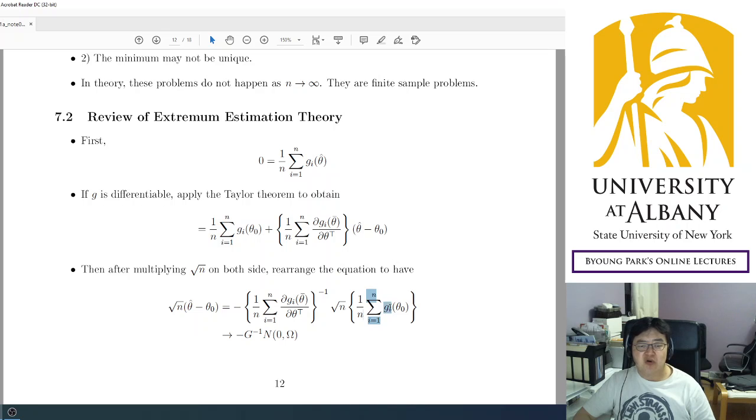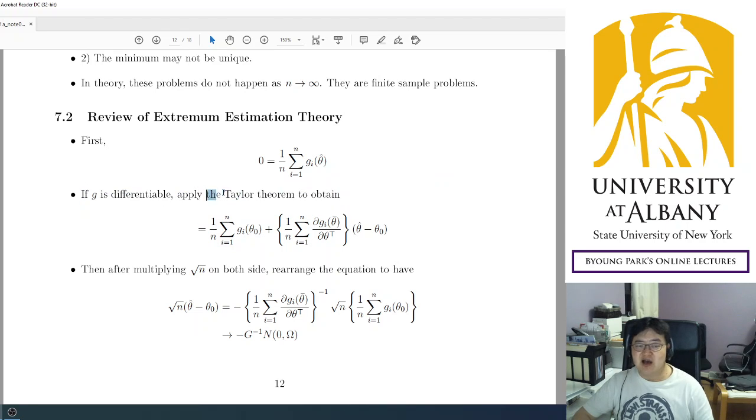And we know this part converges to a normal distribution by the central limit theorem, and this part converges to a constant, an invertible matrix, by the uniform law of large numbers. Then we get this. This is how we proved the asymptotic normality. However, now the problem here is it does not work.